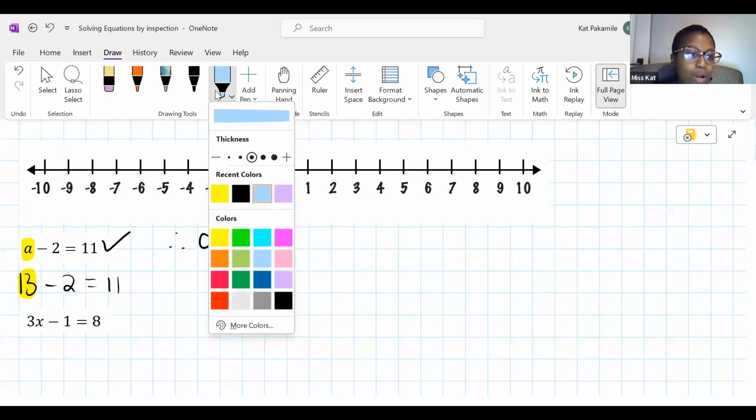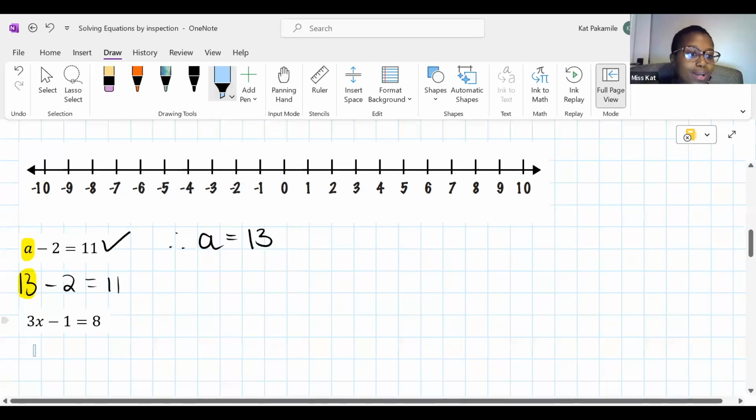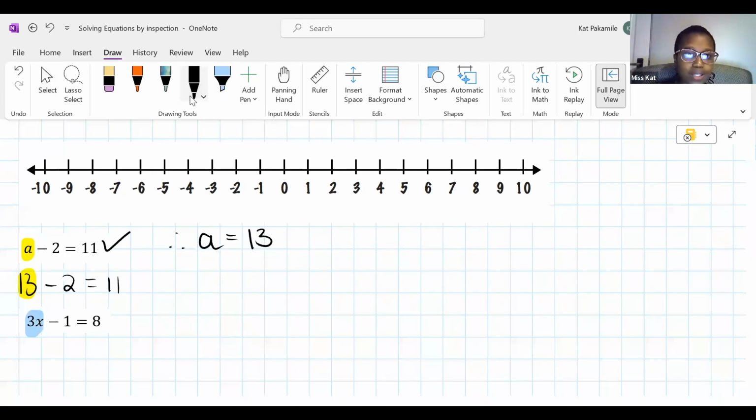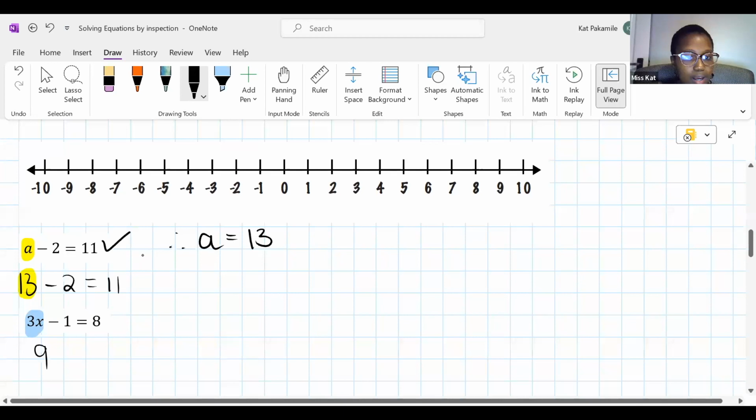Okay, step 1 will be, what number, if I subtract 1, will give me 8? 9, thanks, Tammy. So you literally just say 9 minus 1 equals 8, right?